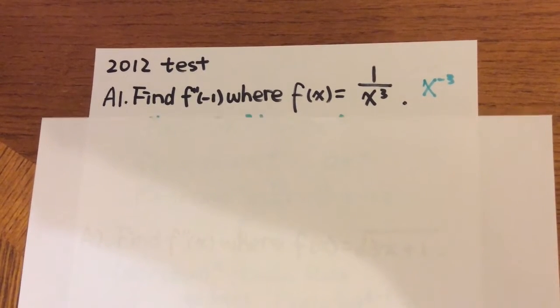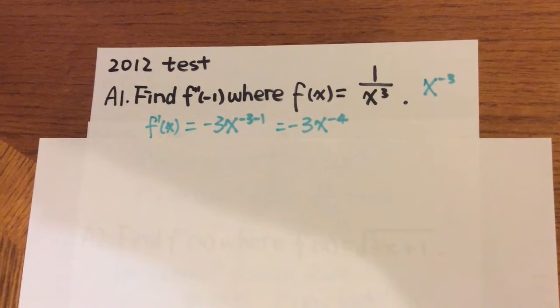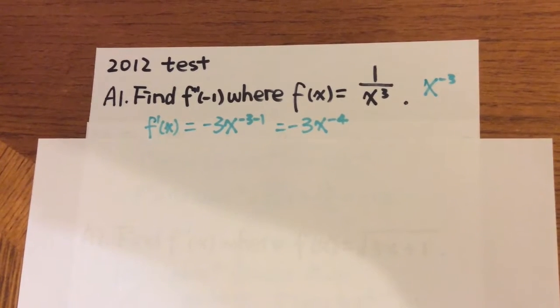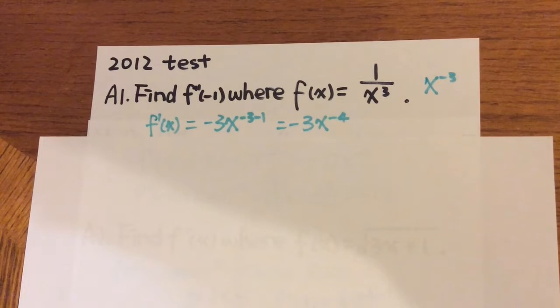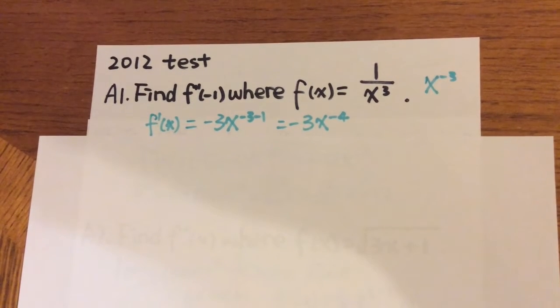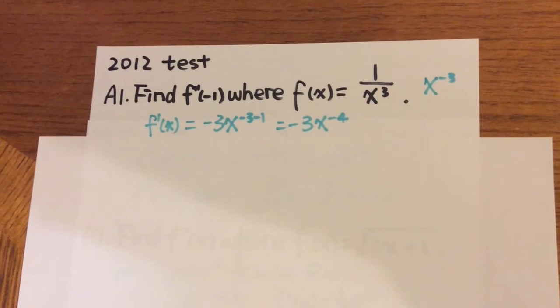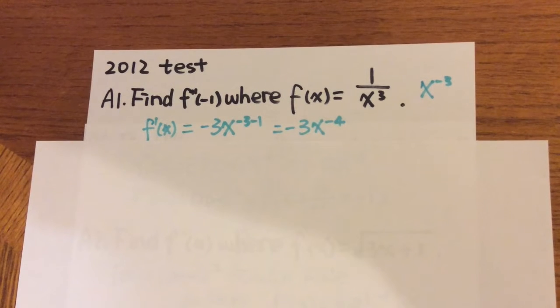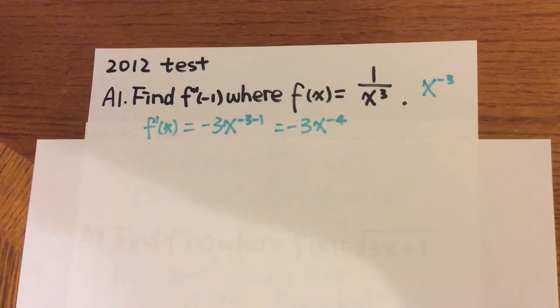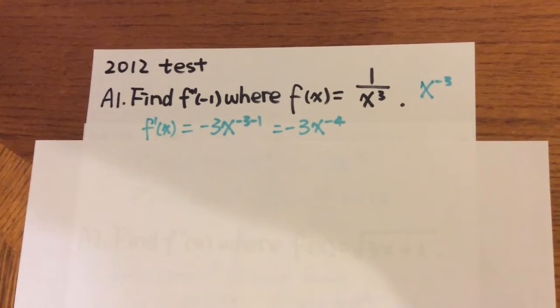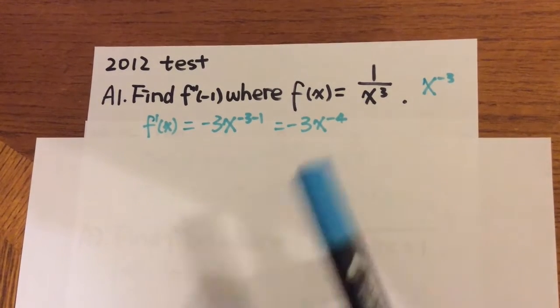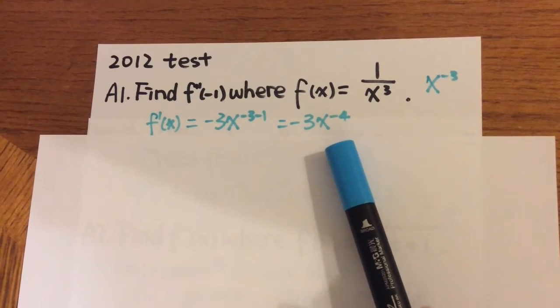In the first step, we find f prime of x equal to minus 3x to the power of negative 3 minus 1, using the power rule, and it is finally equal to minus 3x to the power of negative 4.